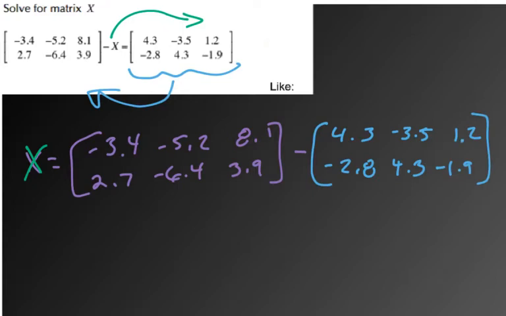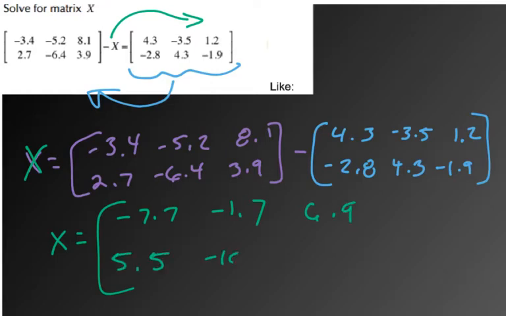Then you can literally just do subtraction component-wise. To get x here, we can just do negative 3.4 minus 4.3, and we'd get negative 7.7. Then if you do negative 5.2 minus a negative 3.5, you'll get negative 1.7. And I'm just going to fill in the rest because you probably get it by now.